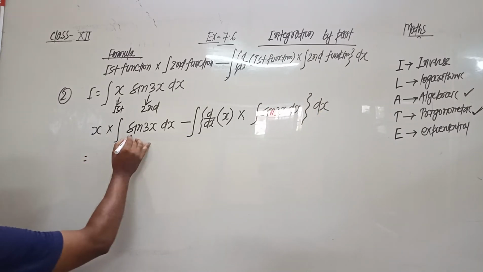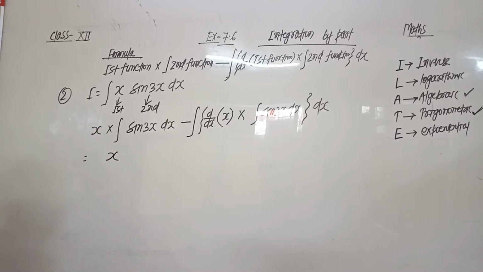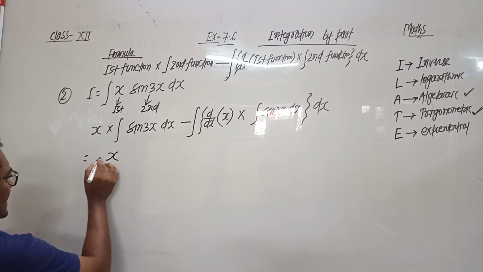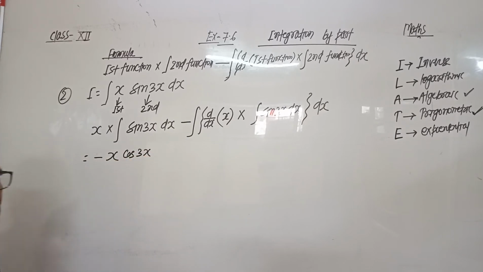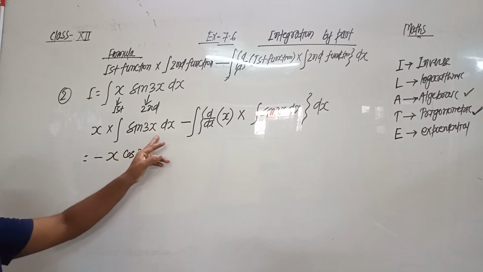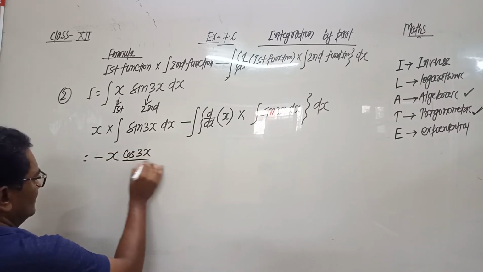Now integration of sin 3x, x as it is, integration of sin 3x is minus cos 3x, and then differentiate 3x. Differentiation of 3x is 3, then divided by 3.